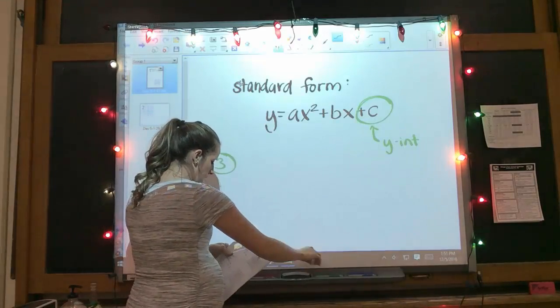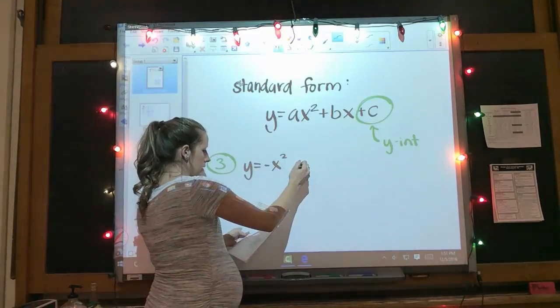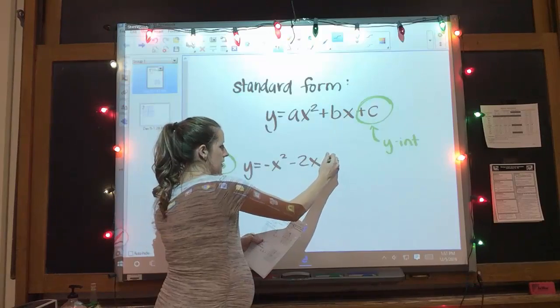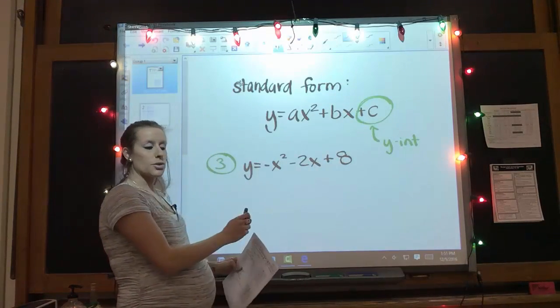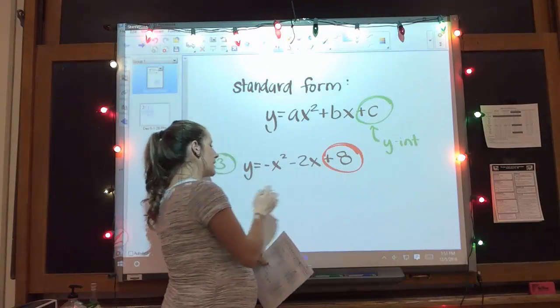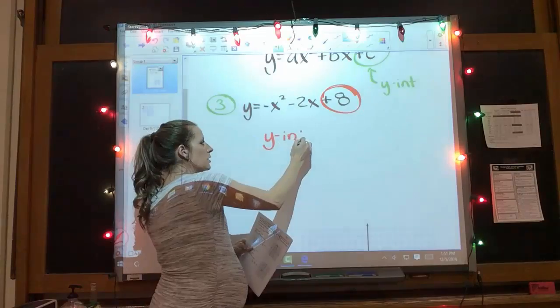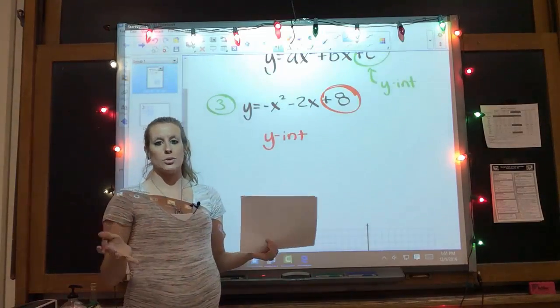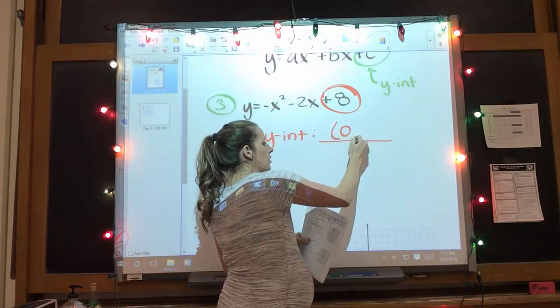Number 3, we have y equals negative x squared minus 2x plus 8. So on number 3, my y-intercept is 8. Now we don't want to just put 8, we want to put the actual point. So my y-intercept would be 0, 8.